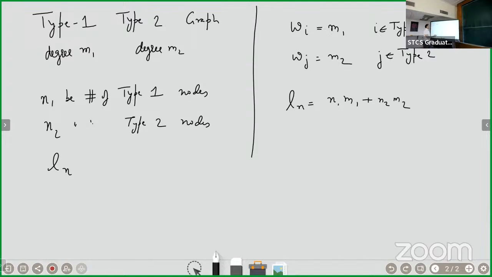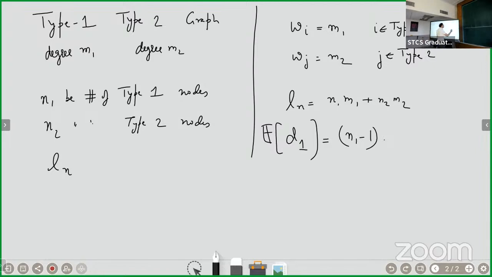What is the expected degree of a type 1 node? How many are there? There are N1 minus 1 other ones. And what is the probability with which I connect?